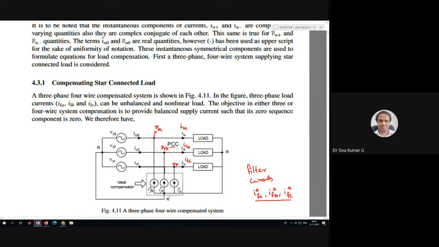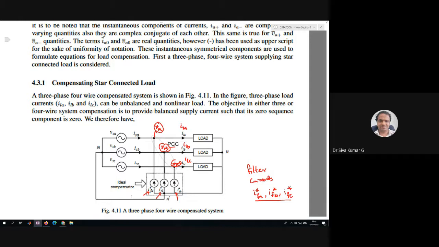In our derivation we are considering VSA, VSB, and VSC. So there are six quantities: three voltages and three currents are required to generate i star FA, i star FB, and i star FC. This is the system, a three-phase four-wire system with the compensator. We are considering the ideal compensator.